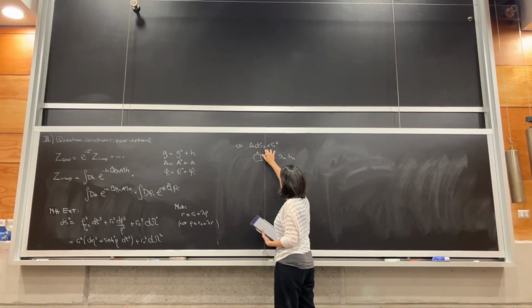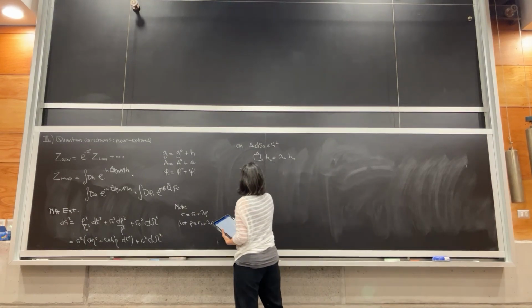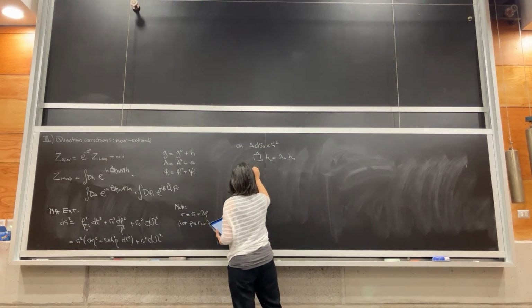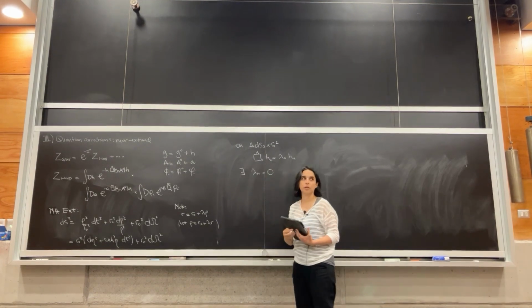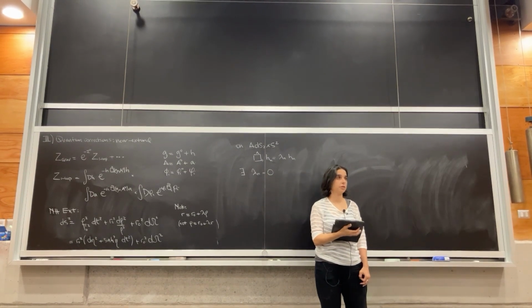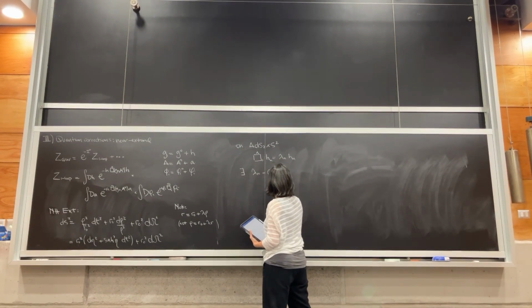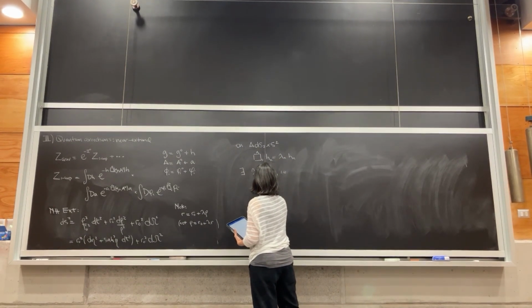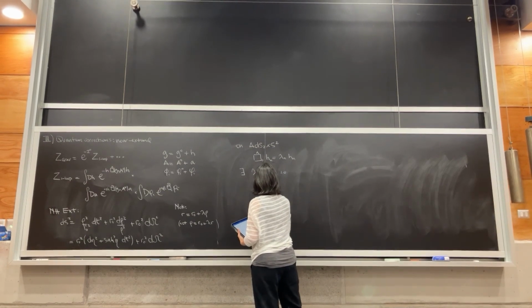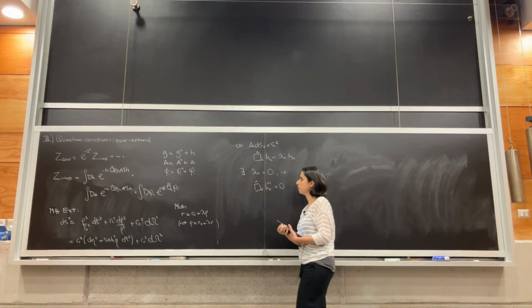But the thing is that on this background, on this AdS2 times S2, there exist lambda n's that are equal to 0, okay? So there's zero modes to this differential operator. So there's certain modes, I'll call them zero here, that have this property, okay?